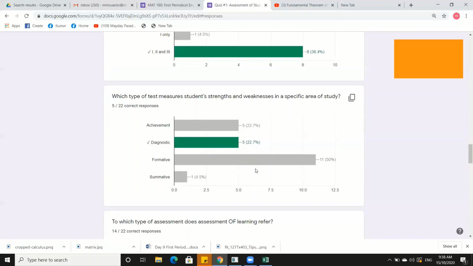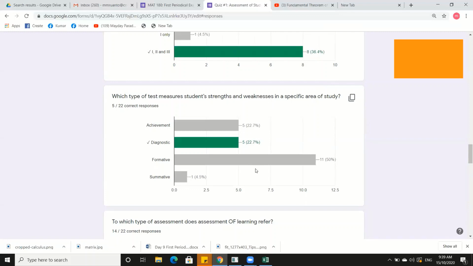But when you have questions about strengths or weaknesses, identifying student needs or identifying student misconceptions, in this case, this is more of a diagnostic test.